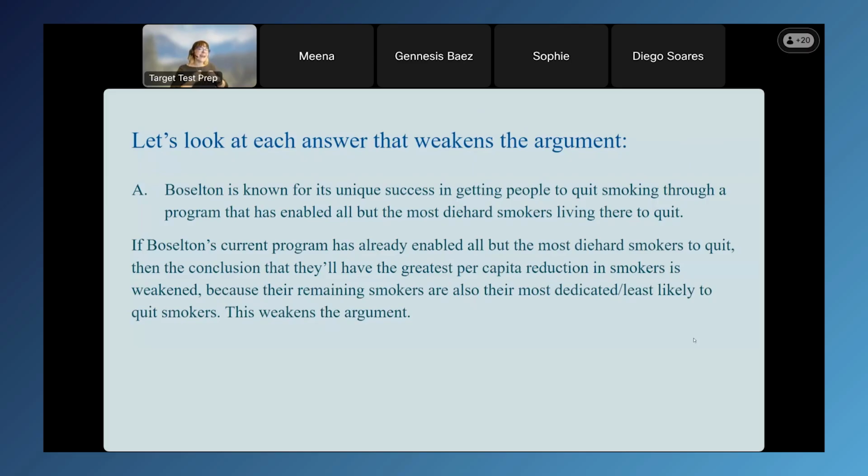So it's not like every person is equally as likely to quit smoking. All the people that were more likely to be receptive to not smoking, they've already quit. The only ones left are the diehard smokers, and they're going to have a harder time quitting smoking. So that weakens the conclusion about the author expecting Bozelton to have the most success.